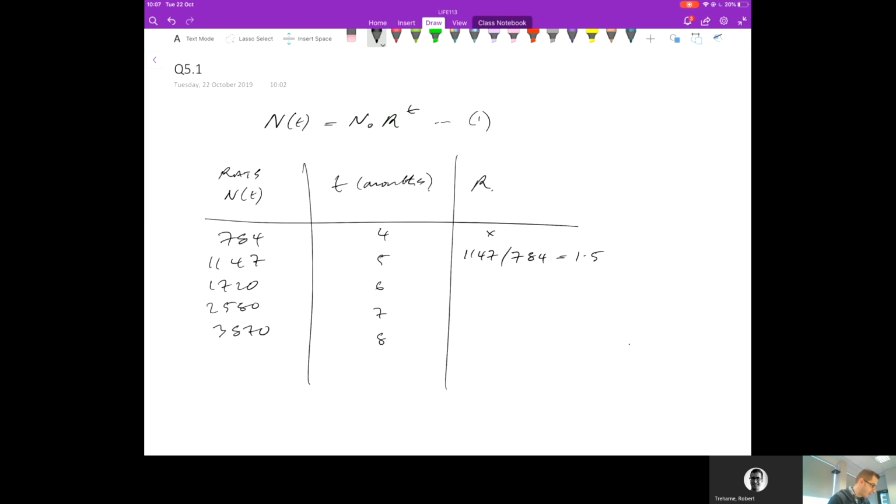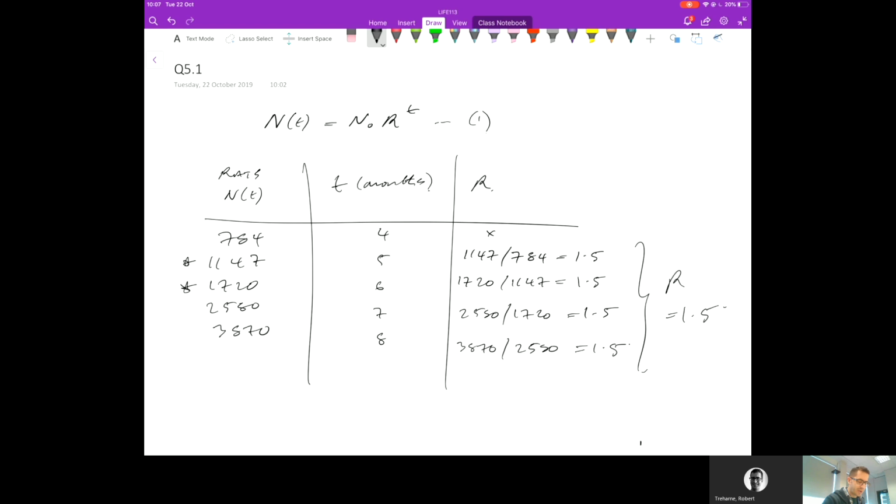Now, as it happens, with the data I've given you, we can do that for all of this. 1720 divided by the value the month before is again 1.5-ish. Then 2580 divided by 1720, surprise, 1.5. And then 3870 divided by 2580 is also 1.5. So what I was trying to get at with this data table is that you have a constant rate of increase from month to month of R, which is equal to 1.5.